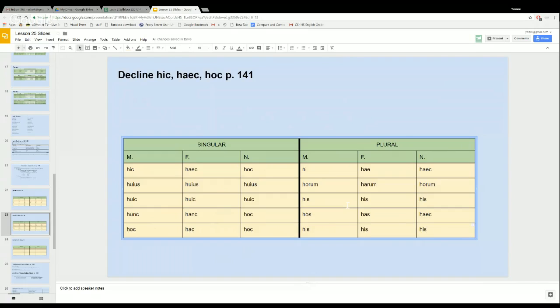So again, what's going on here in the plural? Well, with the exception of the neuter nominative and accusative, again, these are all our first and second declension endings.